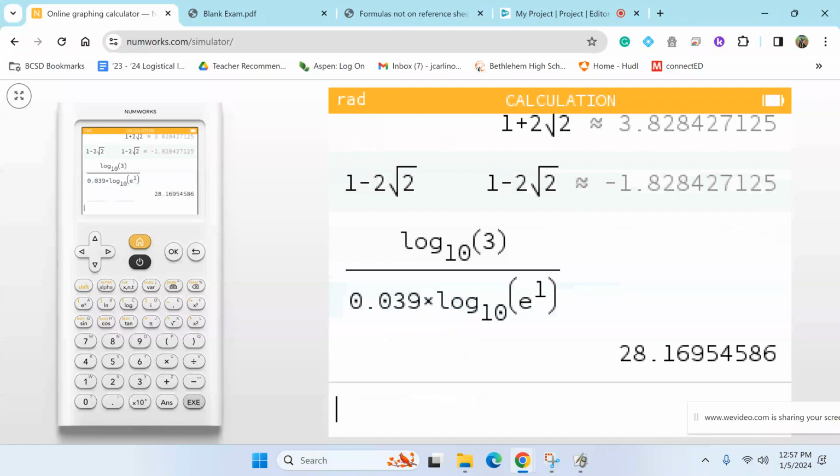Wait, you have to put the 10 with the log. Oh, it just automatically appears. I don't think it'll matter if you get rid of it, but it'll automatically appear. And to the nearest tenth, 28.2.